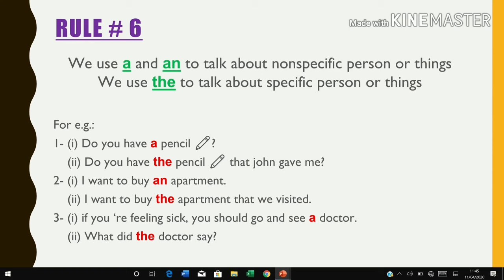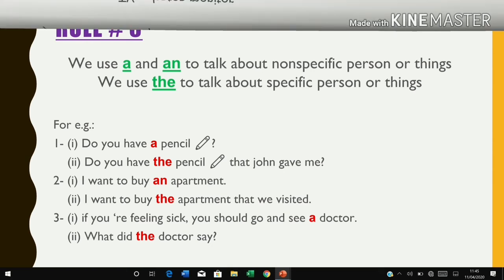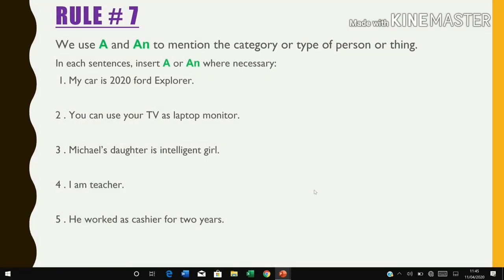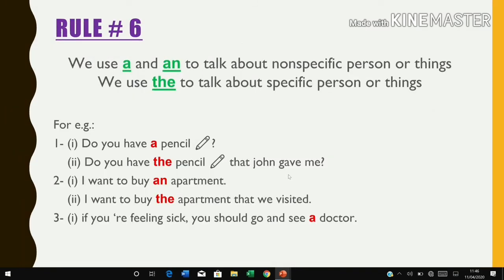So when you see your friend again, you might ask, "What did the doctor say?" Why are we saying "the doctor"?